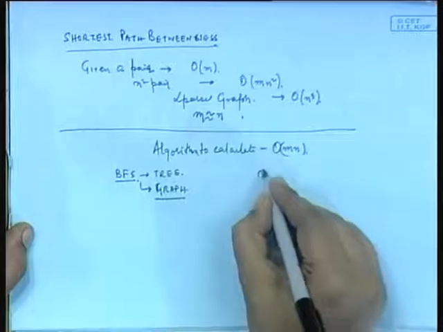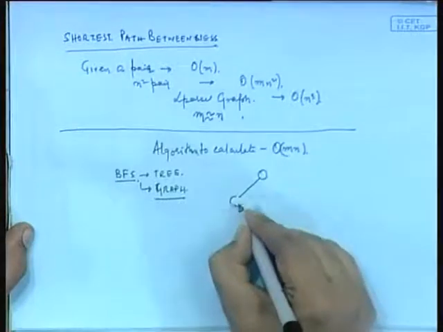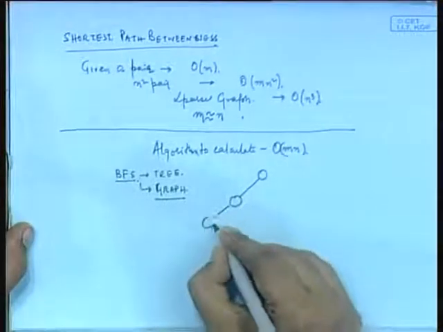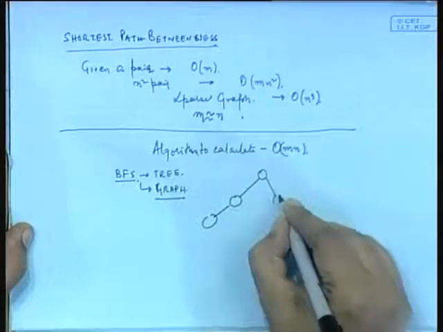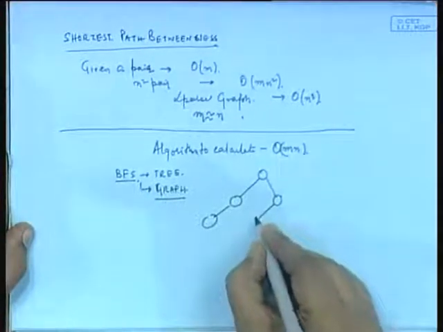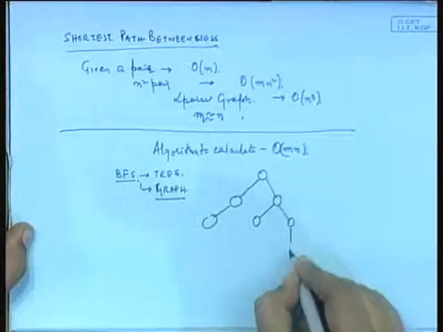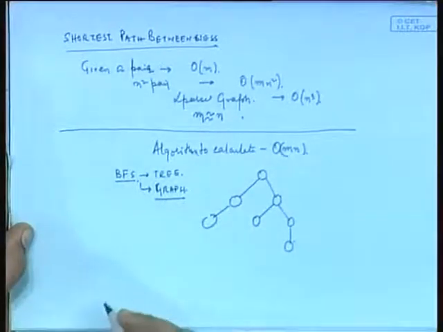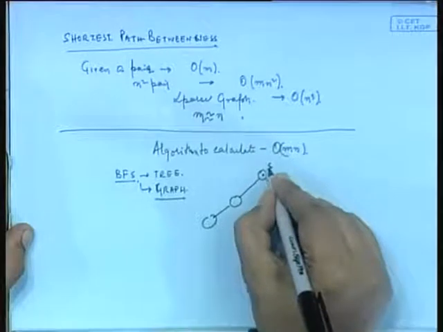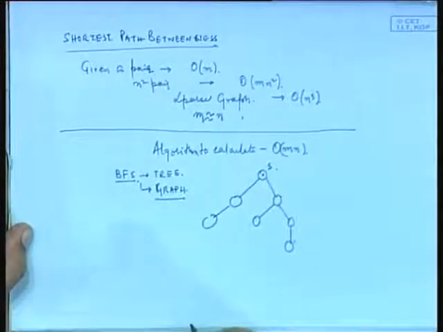So now if it is a BFS tree, say I take this example. This is the source and I build up a BFS tree.